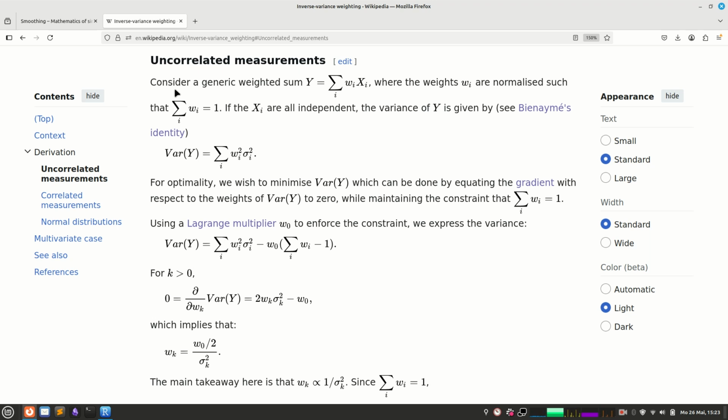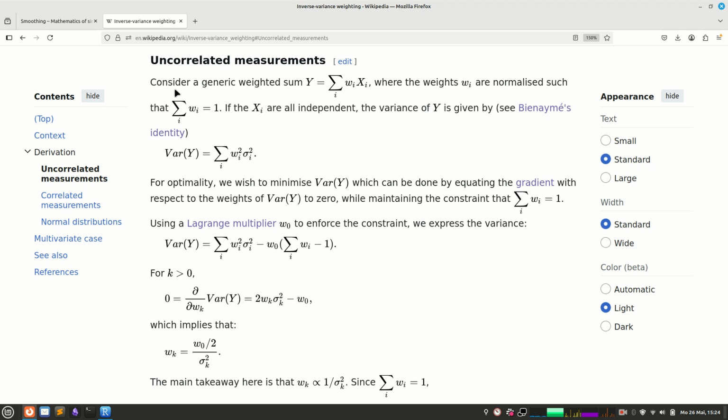So the derivative of our constraint is, of course, just given by 1. And the derivative of this thing here is given by this. So here we have the derivative of our objective function. This here is the derivative of the constraint. And with that, we now see that the weights have to be proportional to 1 over the variance.